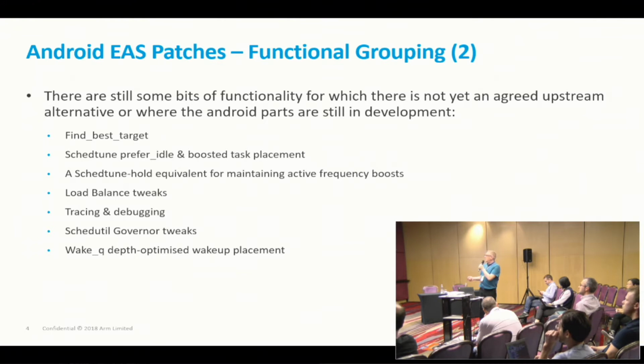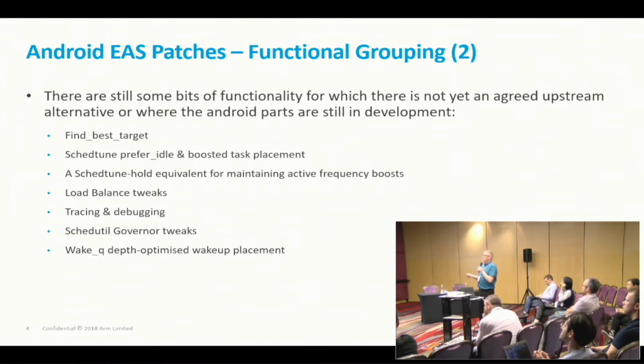And then there's a bunch of other pieces where we don't currently have an upstream alternative. Probably the largest one of these is called find_best_target, and that's a function we use to restrict the CPU candidates that we then go on to do energy diff for.